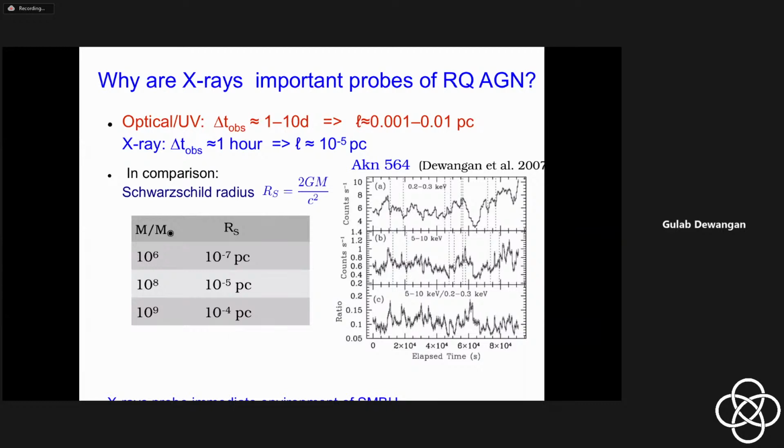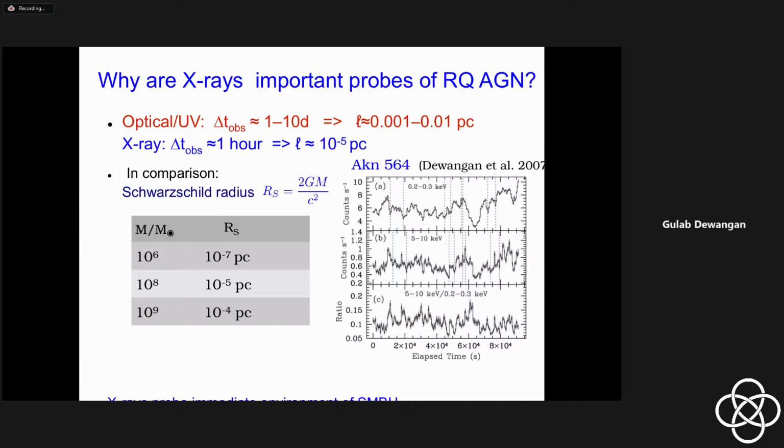We have already seen that the variability time scale in the optical ultraviolet is about 1 to 10 days, which corresponds, with light travel time arguments, to a size scale of about 0.001 to 0.01 parsec. While the X-ray variability time scale is about an hour or so, which corresponds to a size scale of about 10 to the minus 5 parsec.